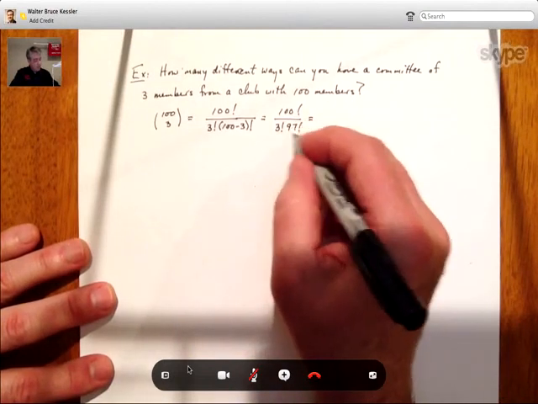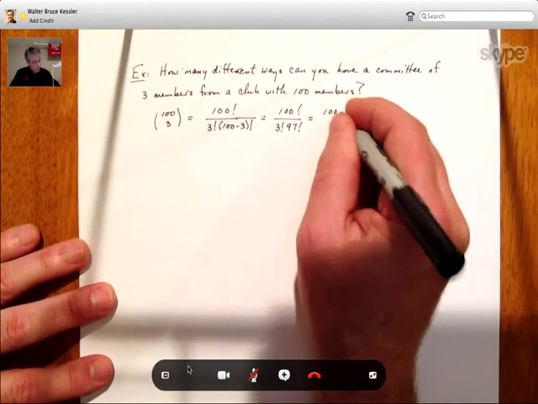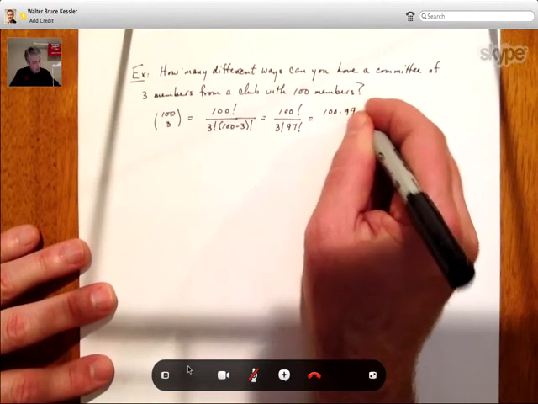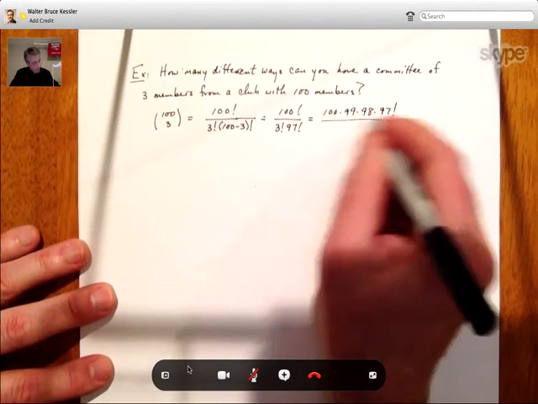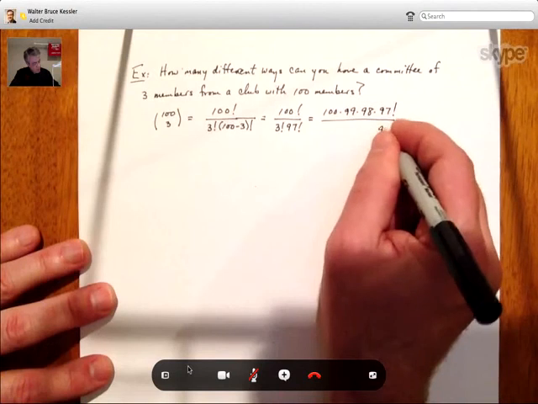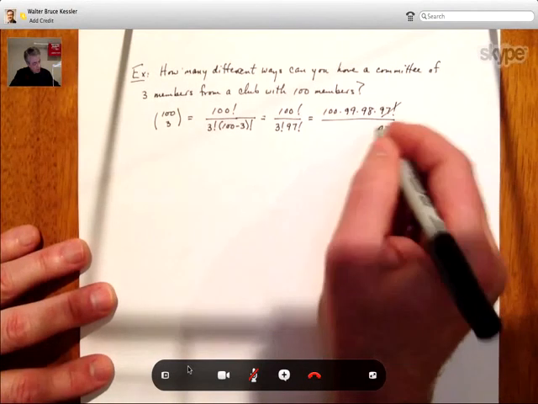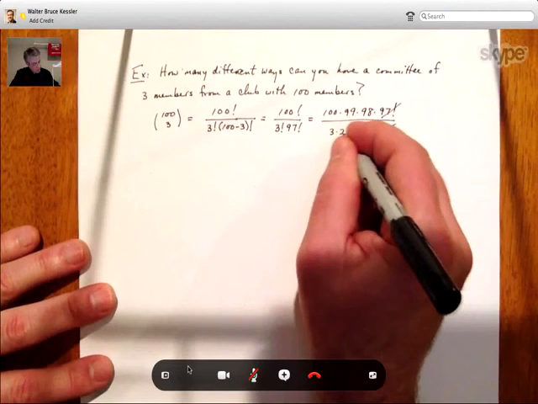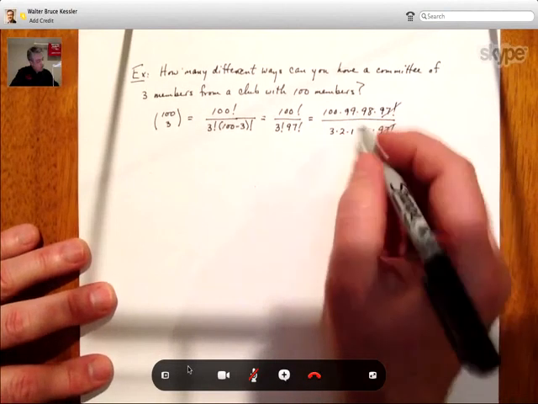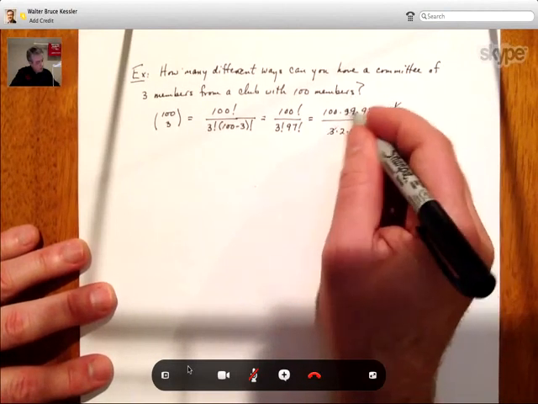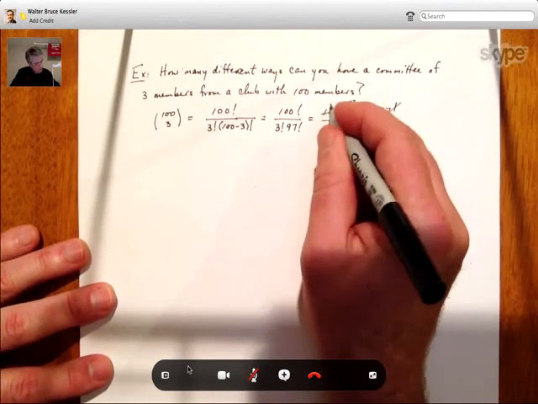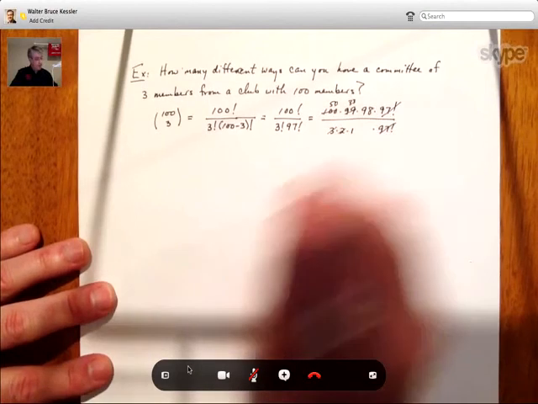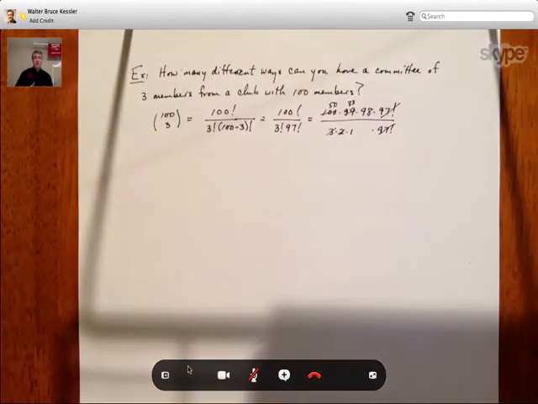If you're doing it by hand, you want to get rid of the 97 factorial. 99 times 98 times 97 factorial. Well, there's your 97 factorial. Those are going to be gone. And then 3 factorial is 3 times 2 times 1. So 3 goes into that 33 times, and 2 goes into that 50 times. And so you can calculate that way.